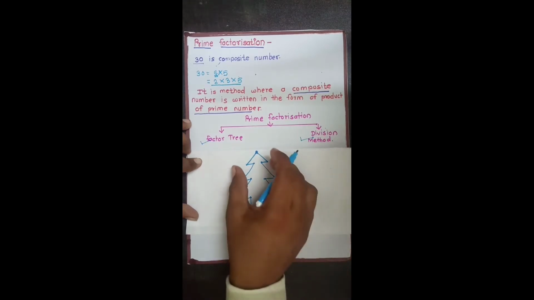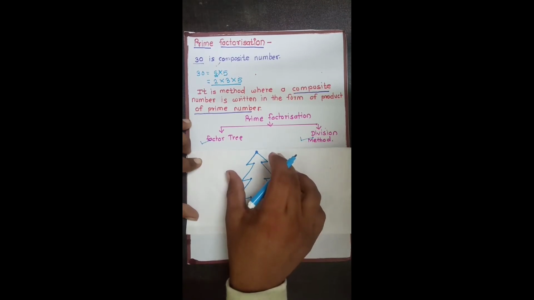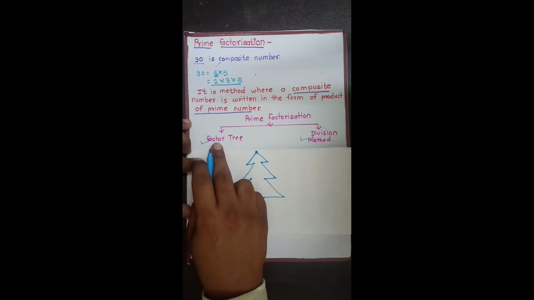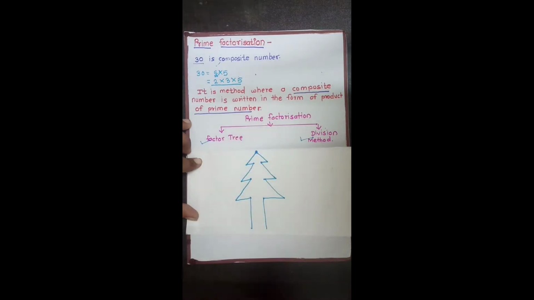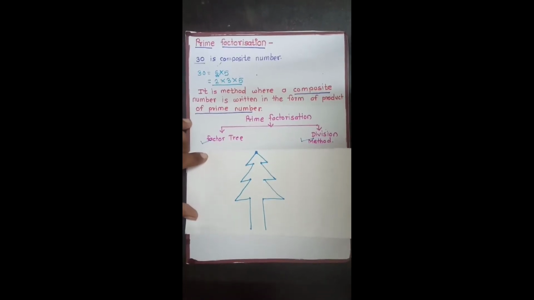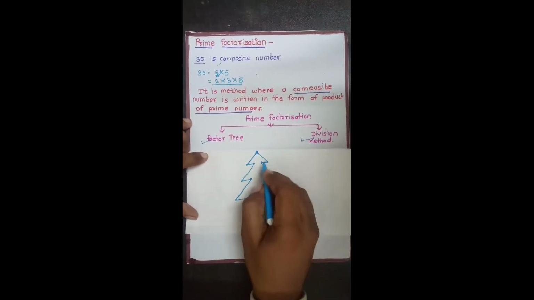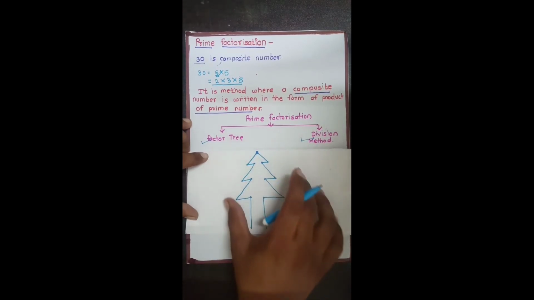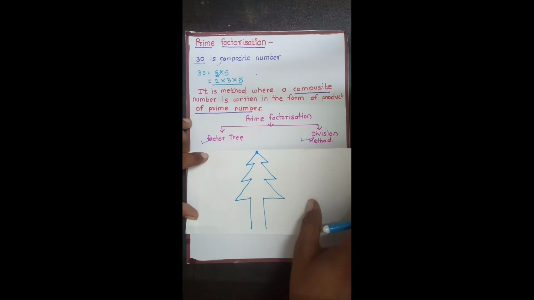In the same way, our factor tree will keep growing in case of factor tree method of prime factorization. जैसे यहाँ पे ट्री का शेप बड़ा बड़ा हो जाता है, वैसे ही हमारे फैक्टर्स यहाँ पे बढ़ते चले जाते हैं.